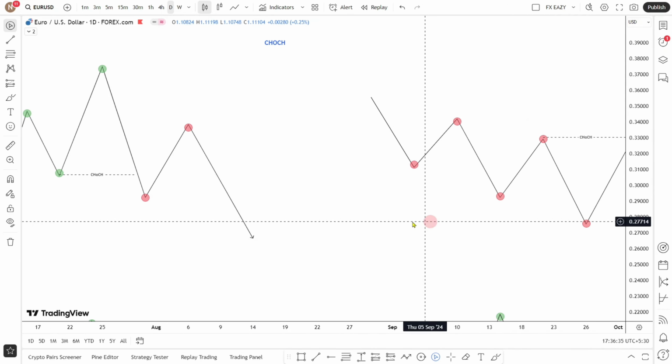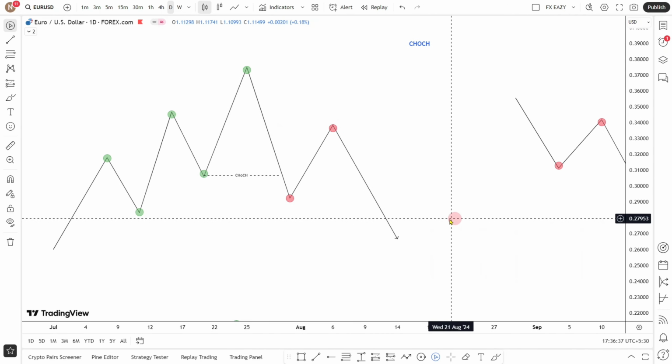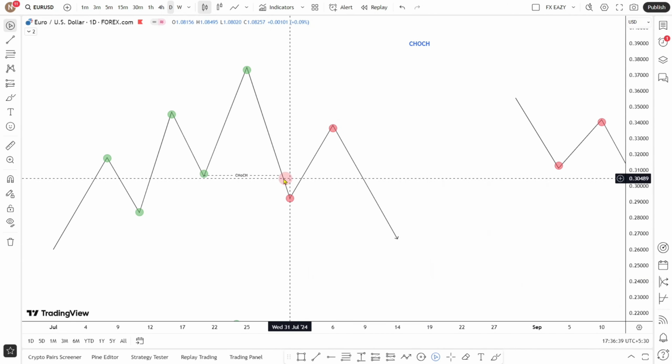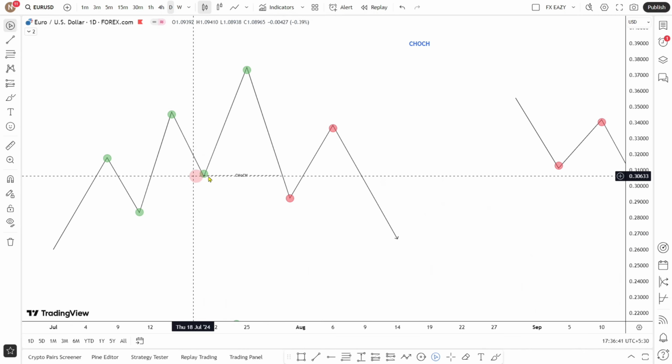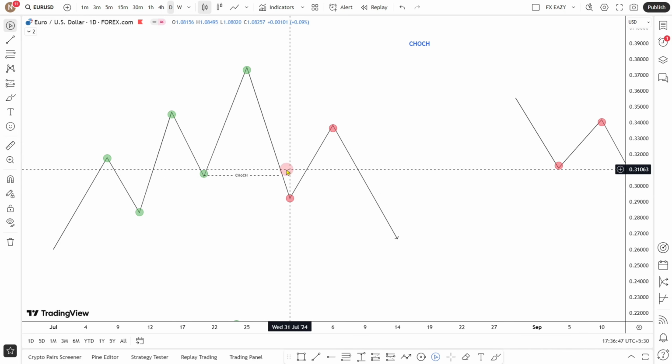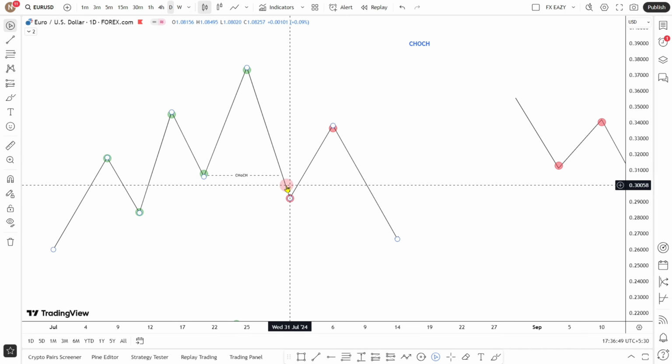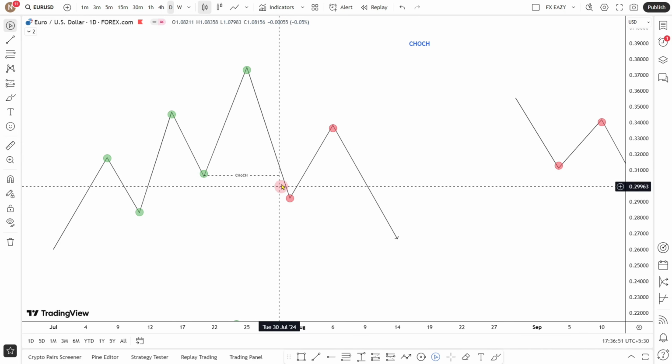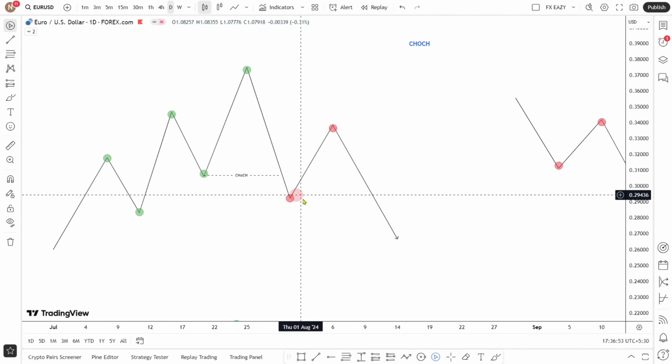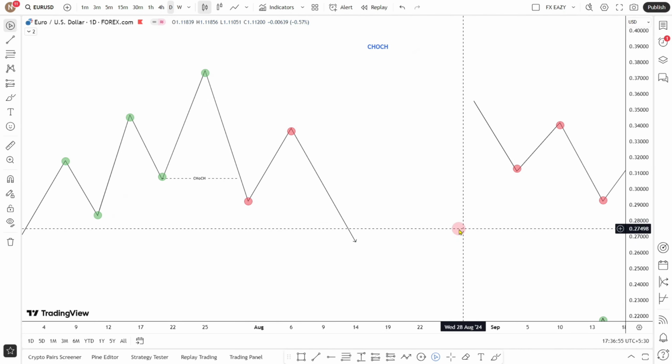See, the candle closing criteria applies to the CHoCH also. The candle should close below this previous higher low. Okay, if the candle doesn't close below this level, then after the candle closes below the wick, below the lowest point of the candle which swept, your CHoCH point would be confirmed.